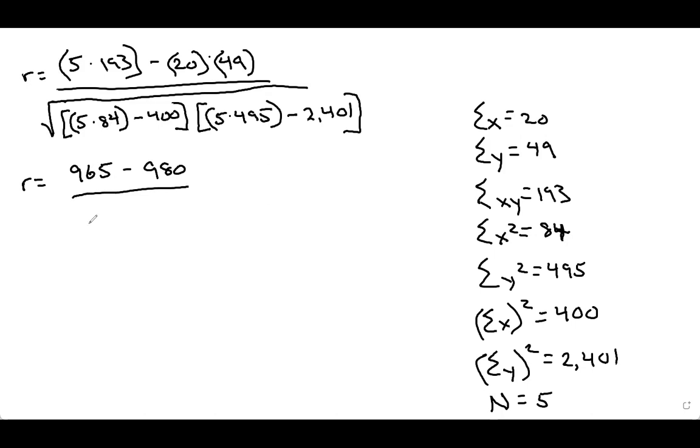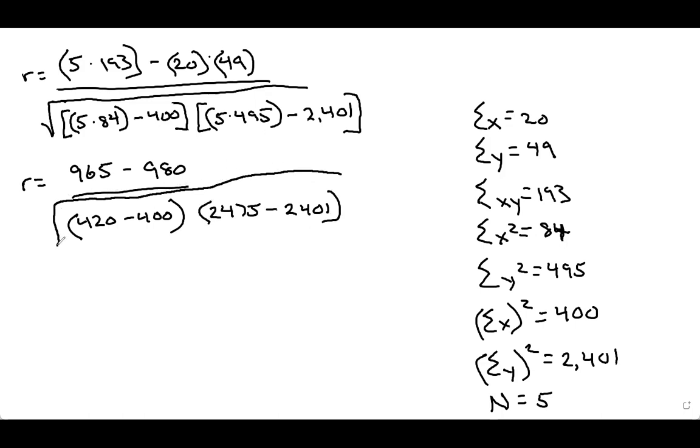If you multiply that out, that will be 420 minus 400. If we take 5 times 495, that's going to give us 2475. We're going to subtract that by 2401. Don't forget the square root. The square root of all things.